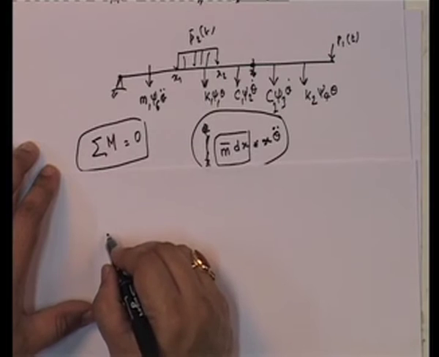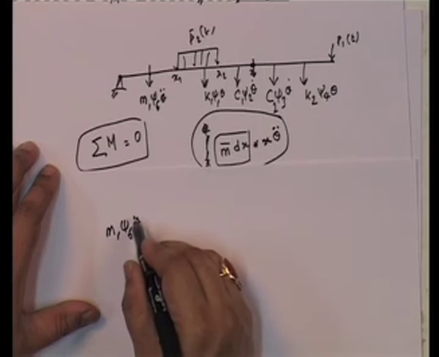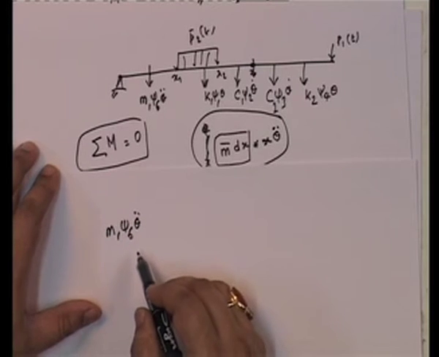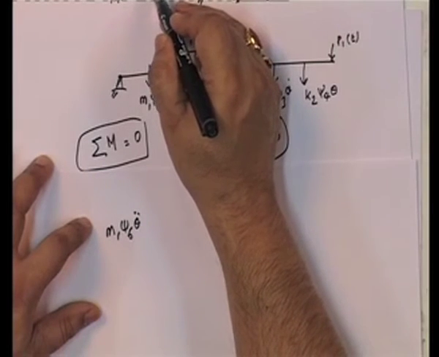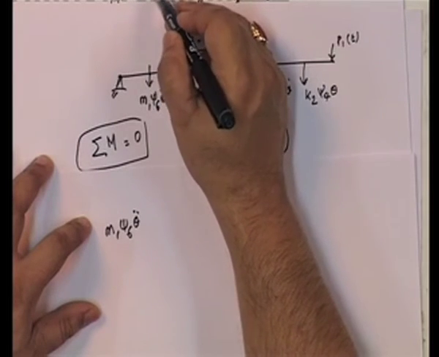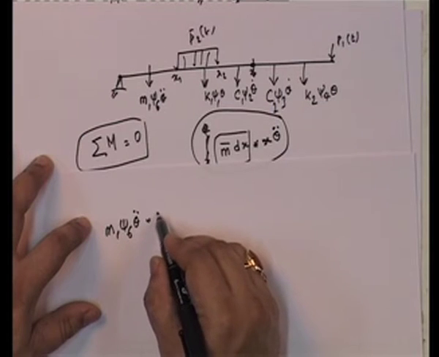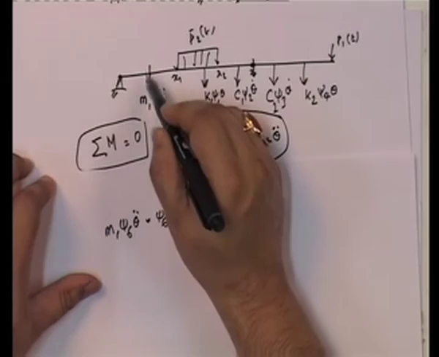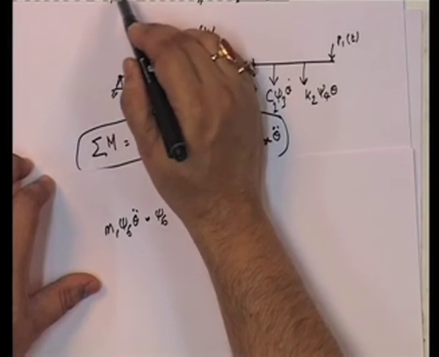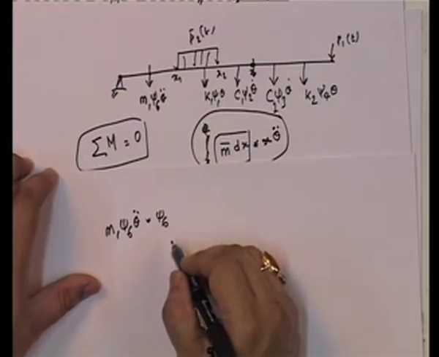So, the first one is m1 xi 6, this is the force. If this is xi 6, it implies that the distance from this point is xi 6. That is the only reason why this is xi 6 theta, because all of them are L theta. So, this one is going to be xi 6.